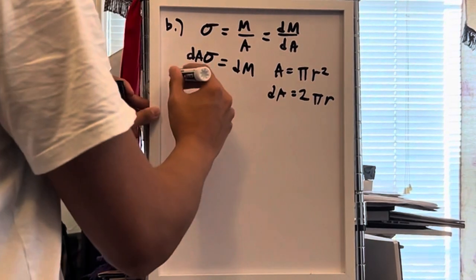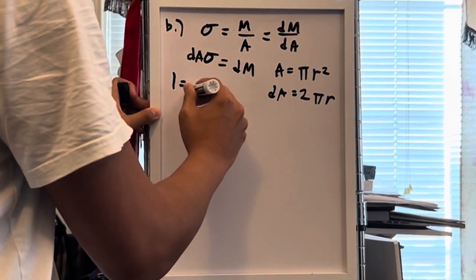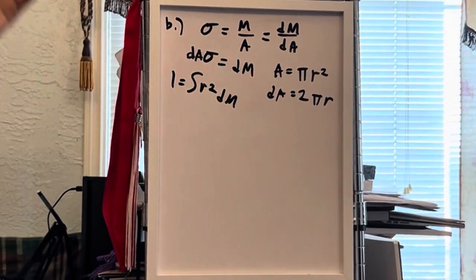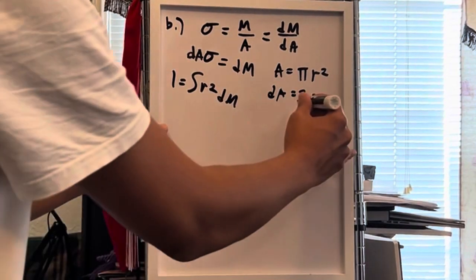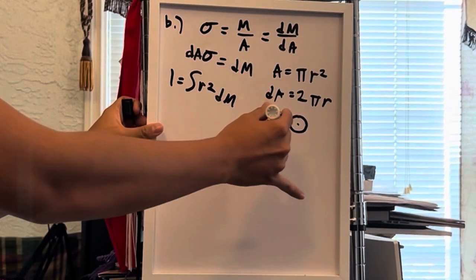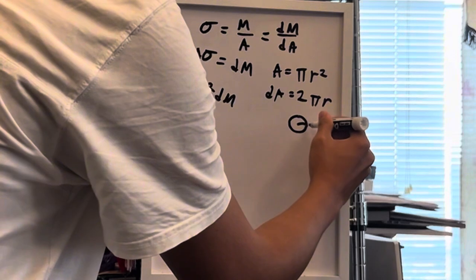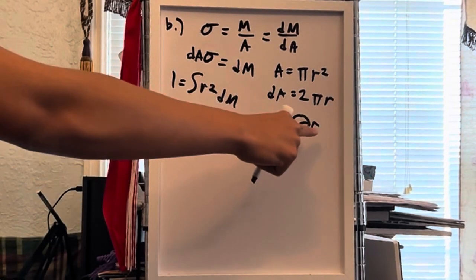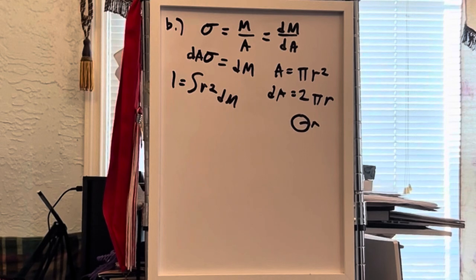I know that for the inertia equation, I'm going to start with the integral of r squared dm. And let's establish my bounds right now. Since I'm going to be integrating a disk, this is going to be the center point, and I'm going to go all the way extended out to the radius. So I'm going to integrate from 0 to the radius, and I'm going to sweep around this entire disk.